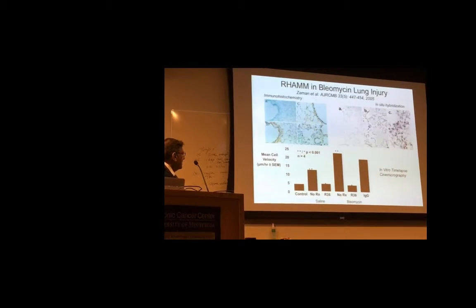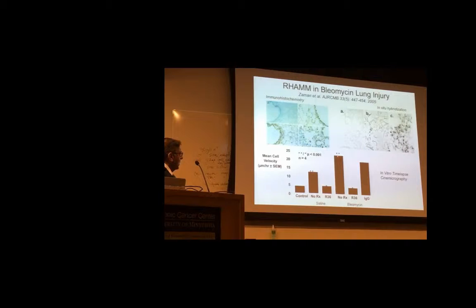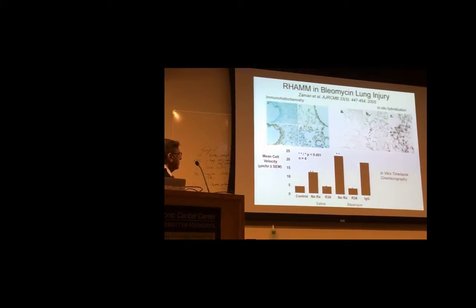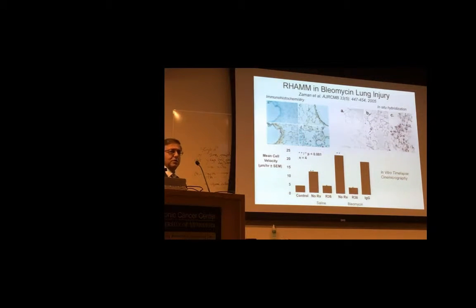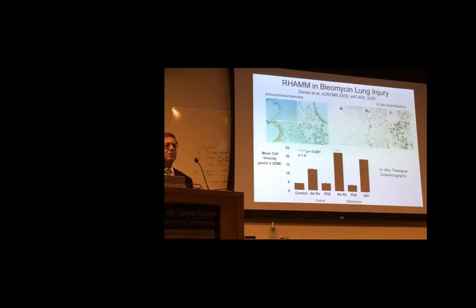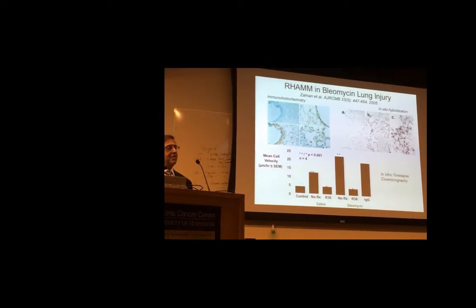But macrophages from the bleomycin injured animals had a higher motility, and both of these were completely abrogated in the presence of blocking RHAMM antibody, which we knew was a blocking antibody, but not with IgG, suggesting that RHAMM perhaps was going to be involved in macrophage recruitment.